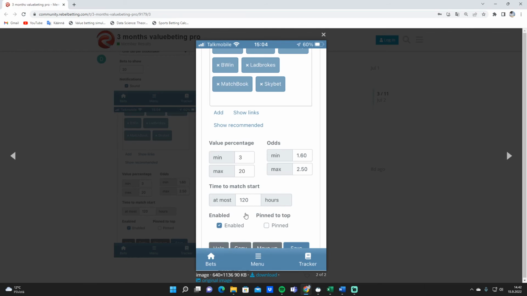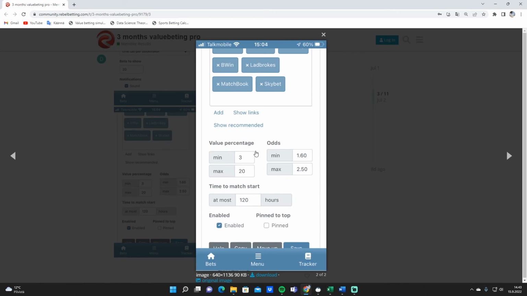So you can even use 1 hour here, so that every time you find value, you can really trust that the bet actually has value and the match start is really close. The fewer hours before the match start you use here, the better it is, in my opinion, and it reduces the variance a lot. So maybe try to reduce that.